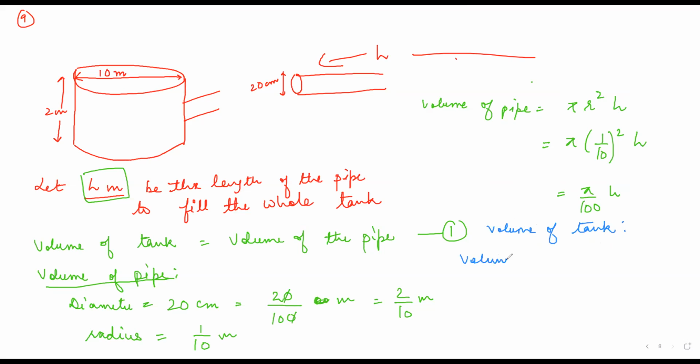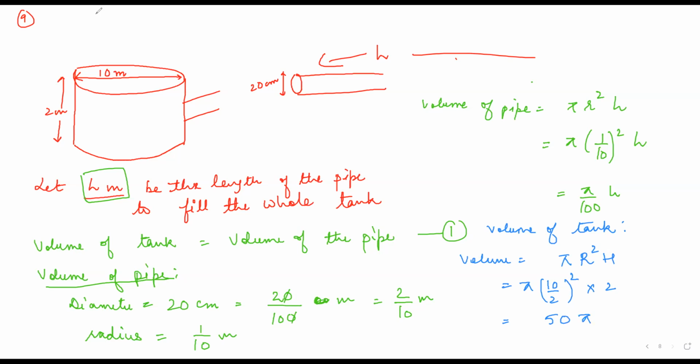So volume is again pi, now call it capital R square into capital H. So this is pi into radius will be 10 by 2 whole square, and height is given, that is 2 meter. So 10 by 2 is 5 and 5 square is 25. 25 into 2 is 50. So this is 50 pi.